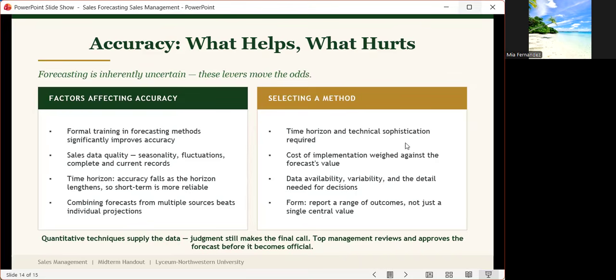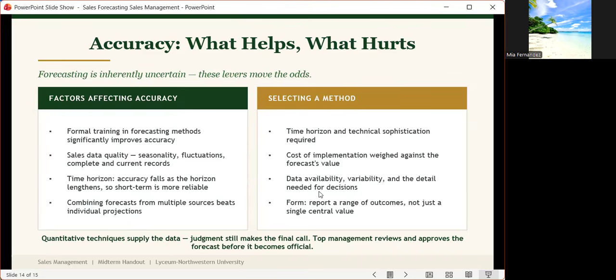Now, on the right side, it's selecting a method, how to choose a method. First, you have to consider the time horizon and technical sophistication. How long should you forecast? What's the cost of implementation weighed against the forecast's value?